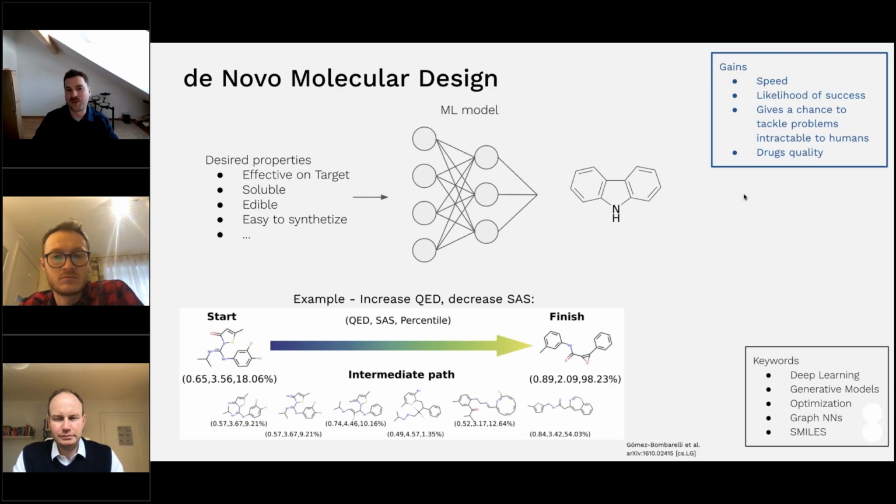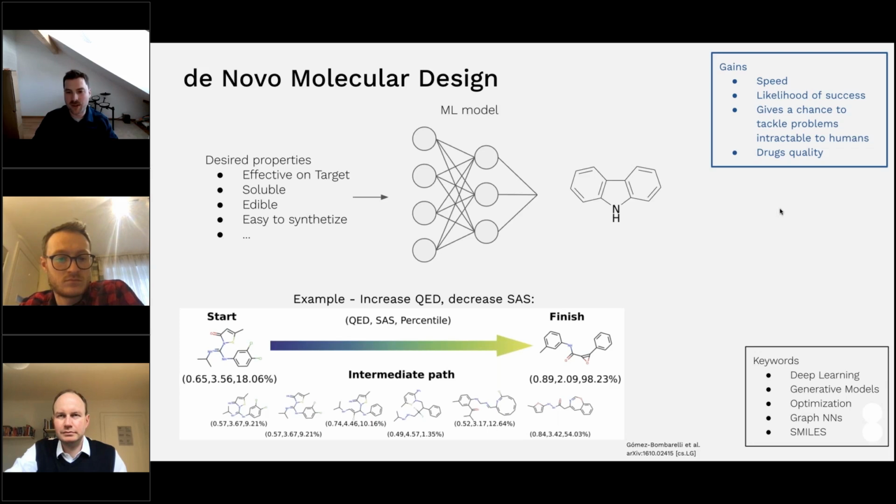So here we specify, okay, we want the molecule to work on this target. We want it to be safe, edible, easy to synthesize, so it should be possible to make it. And then the model would directly output promising candidate molecules. Maybe not spot on every time, but the hope is that this model could produce good candidates.